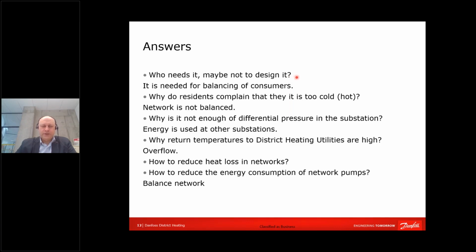I would say that it is needed for balancing of the customers and consumers, and it doesn't matter what differential pressure you have in the station. I would stress that the smaller the differential pressure you have, the more difficult it is to control consumers. So I would advise installing differential pressure controllers in any case.